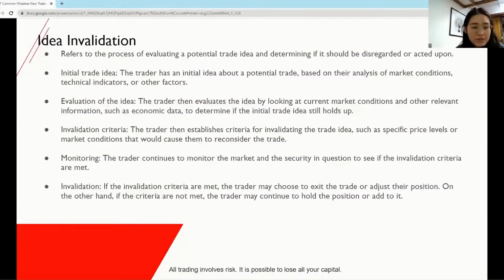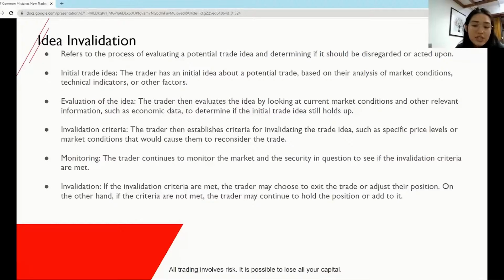Next, monitoring. The trader will then continue to monitor the market and the security in question to see if the invalidation criteria are met. And lastly, we have the invalidation. If the invalidation criteria are met, the trader may choose to exit the trade or adjust their position.